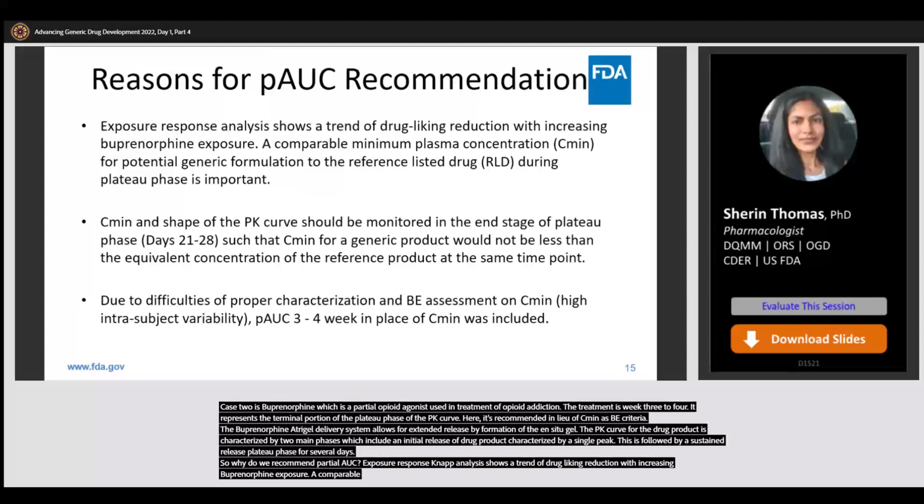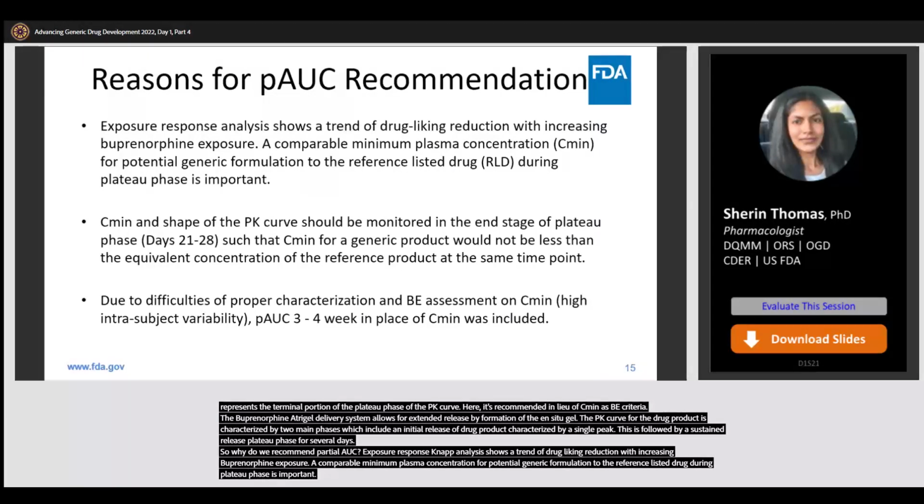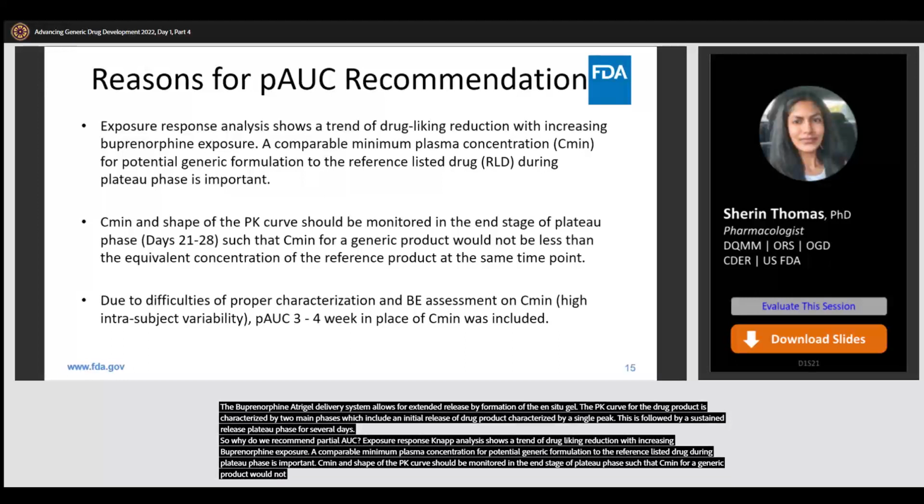Cmin and the shape of the PK curve should be monitored in the end stage of the plateau phase, such that the Cmin of the generic product would not be less than the concentration of the RLD at the same time point. Due to difficulties of proper characterization and BE assessment on Cmin because of the high intrasubject variability, partial area under the curve from 3 to 4 weeks is recommended in lieu of the Cmin.